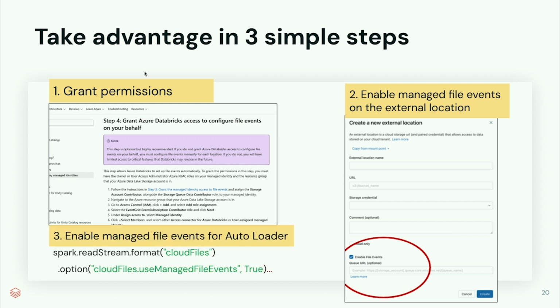And then the third step is in Autoloader: instead of specifying a large number of credentials options, all you have to do is specify this one single option that says use file events for file discovery. And in fact, we are working on even making that option redundant by making file events the default down the line.